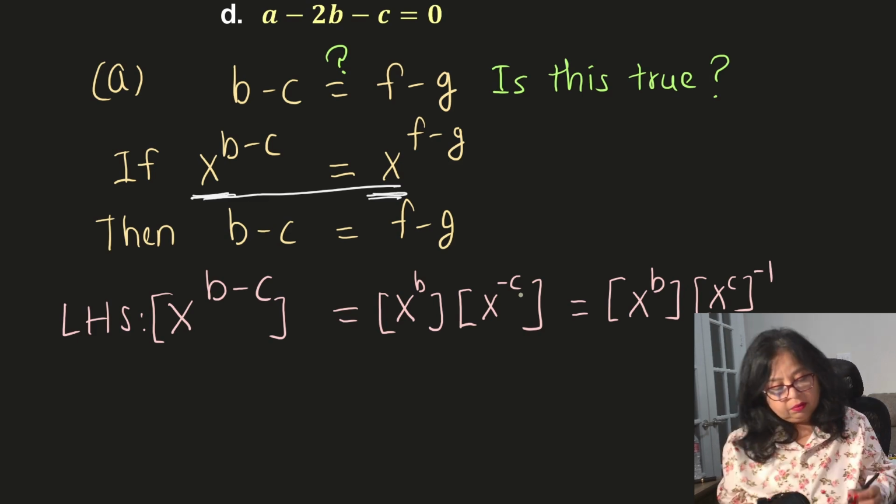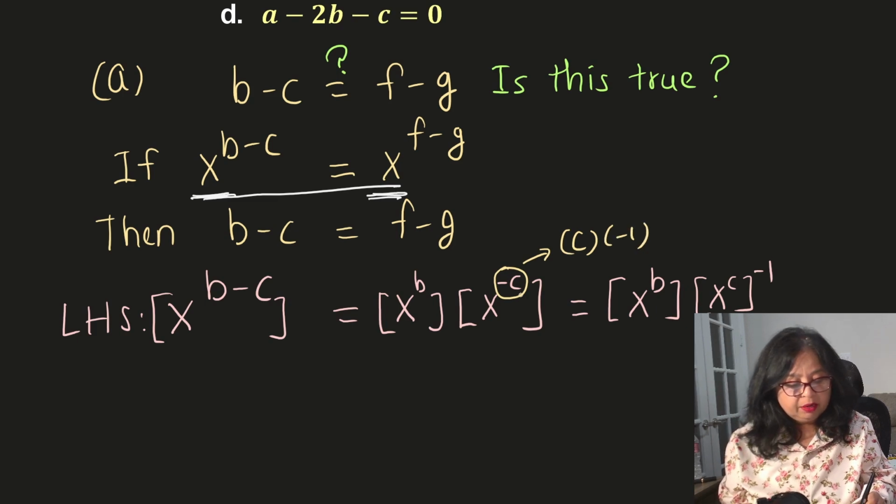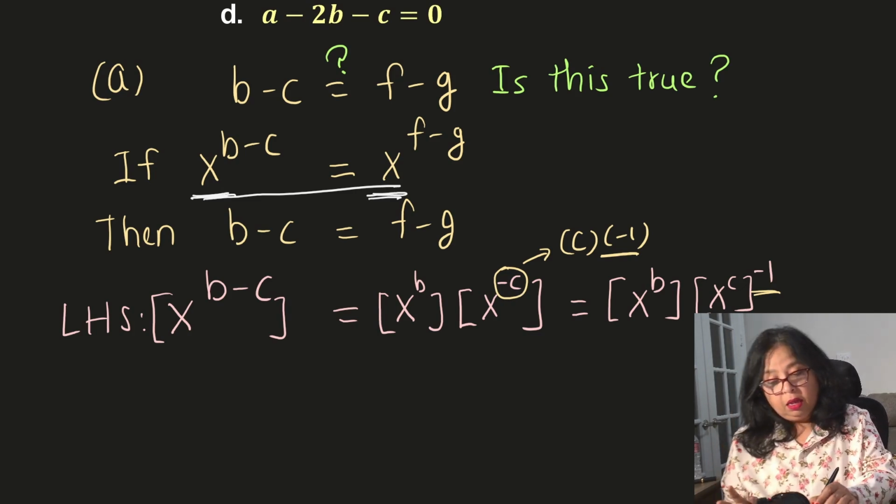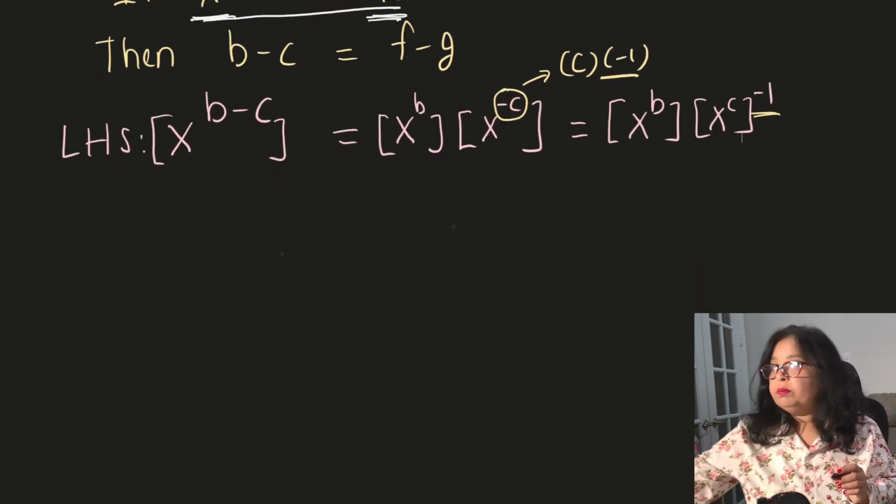Why? Because negative c is the same as c times negative 1, and I pull this negative 1 out of the bracket. Okay, how else can I represent this now?